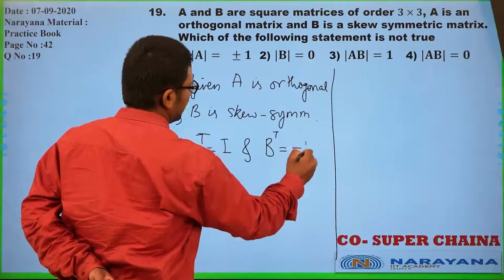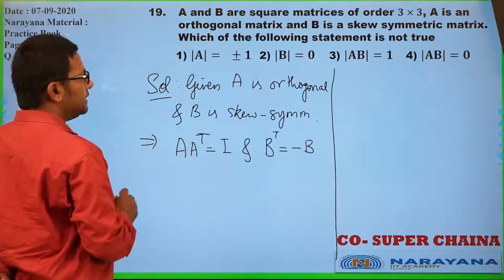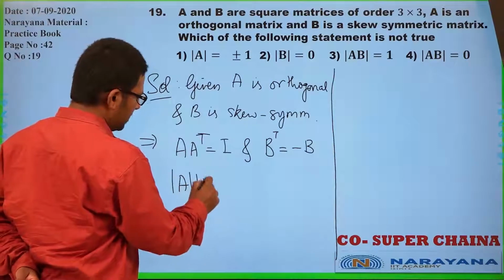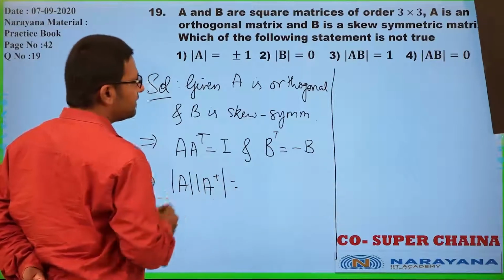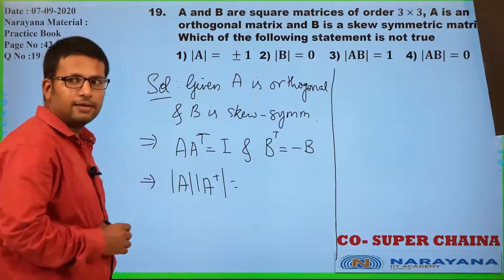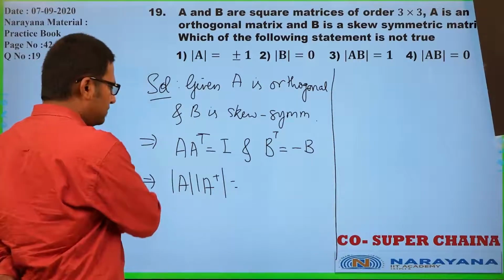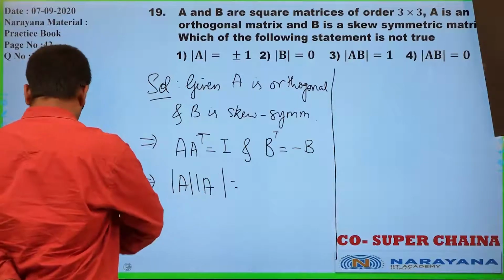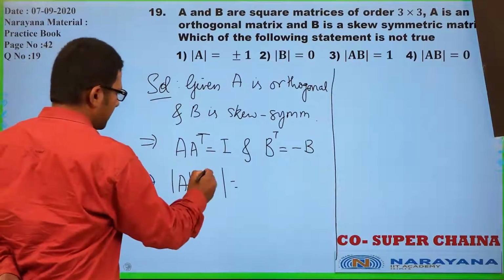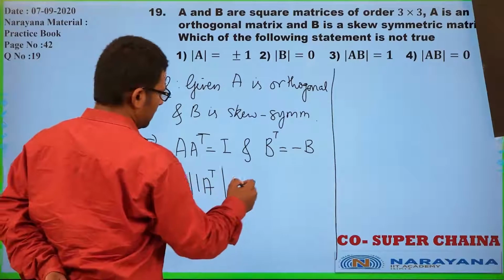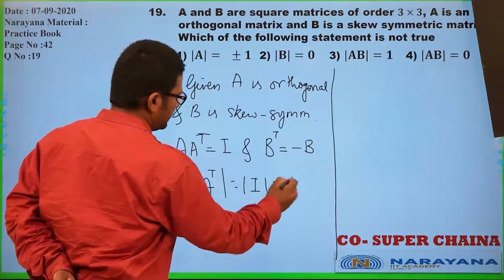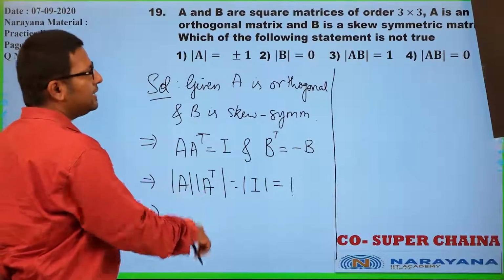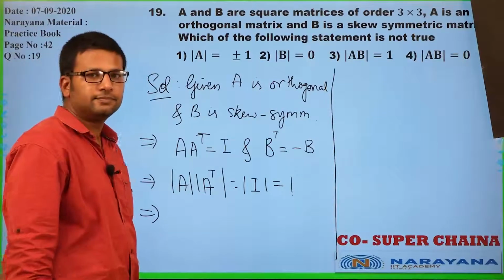Therefore, mod of A into mod of A transpose, what does this give me? This gives us mod of I, which is 1. Therefore, you see mod A and this is also mod A.